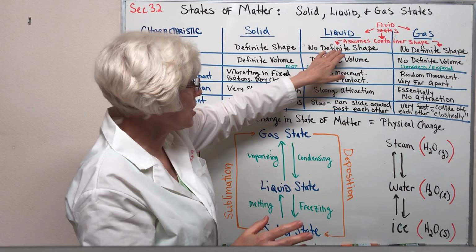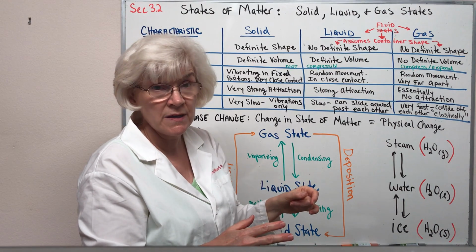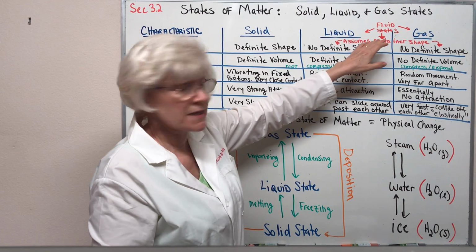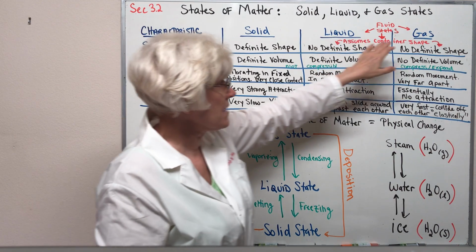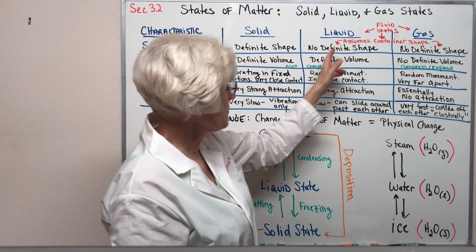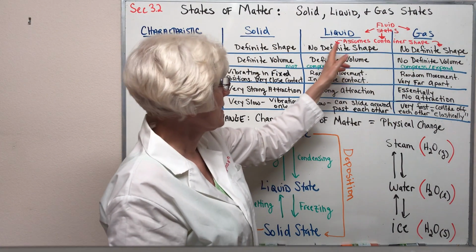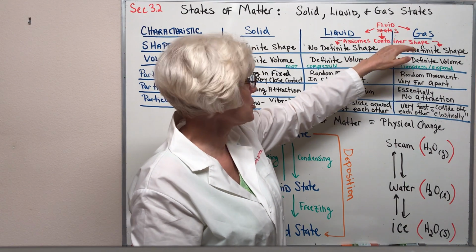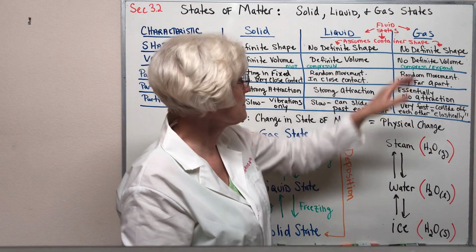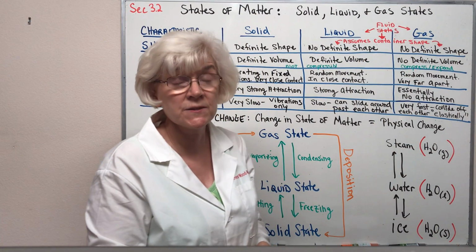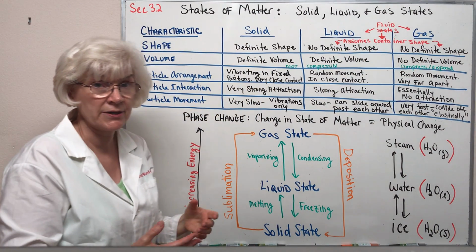The matter no longer has a definite shape. We call it a fluid because it assumes the shape of its container. The same thing is true about matter in the gas state. So in both liquid and gas states, matter has no definite shape, will assume the shape of the container that it is in, and both of these states can be referred to as fluid states of matter.